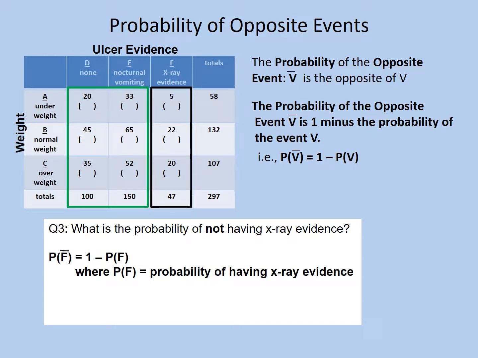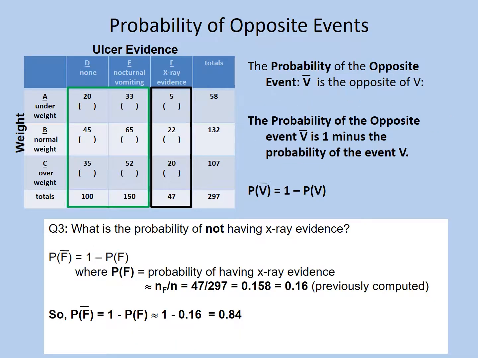So we want to get the probability of F bar, which is 1 minus the probability of F. So P of F is estimated as N sub F divided by N, which is 47 over 297, which equals 0.158, which rounds off to 0.16. And therefore, P of F bar equals 1 minus P of F, which is approximately equal to 1 minus 0.16, or 0.84.